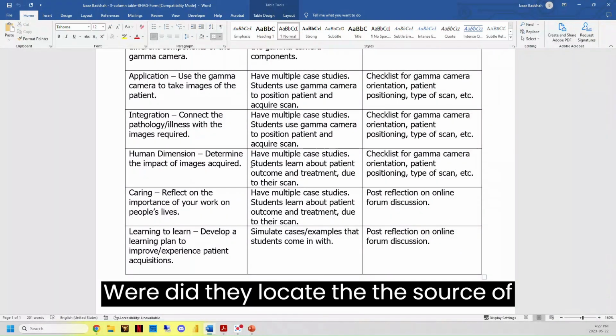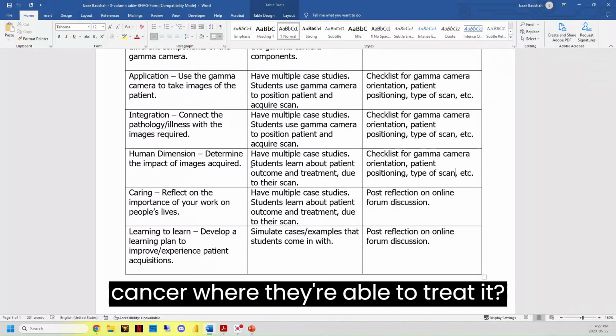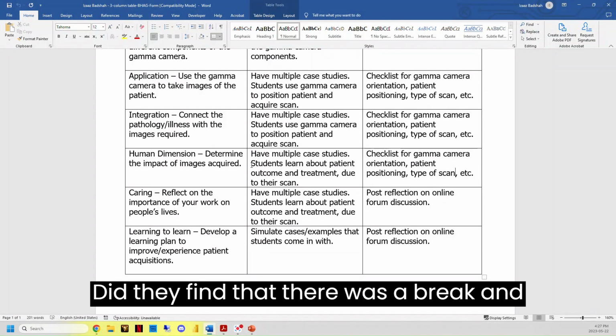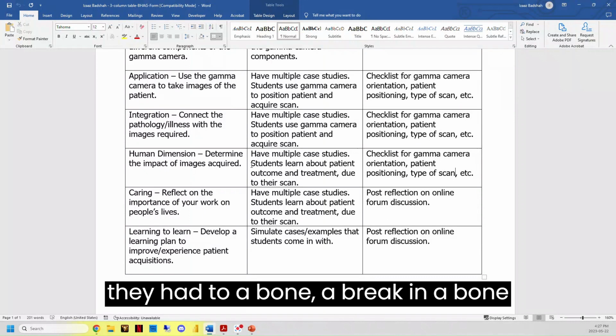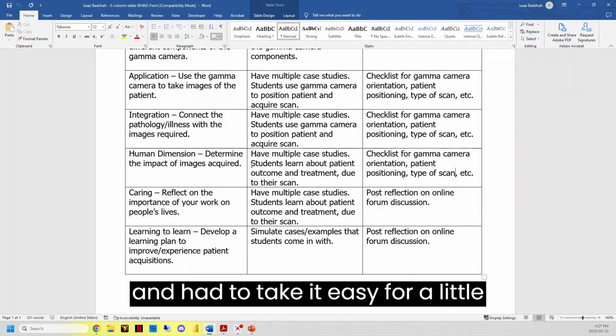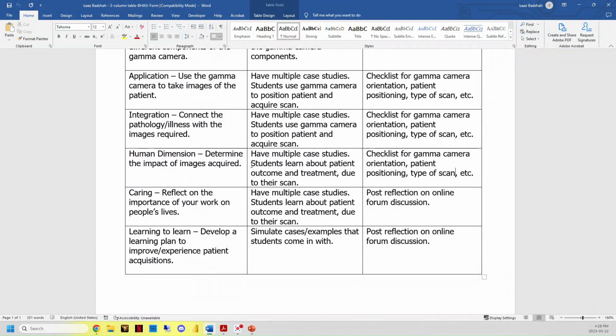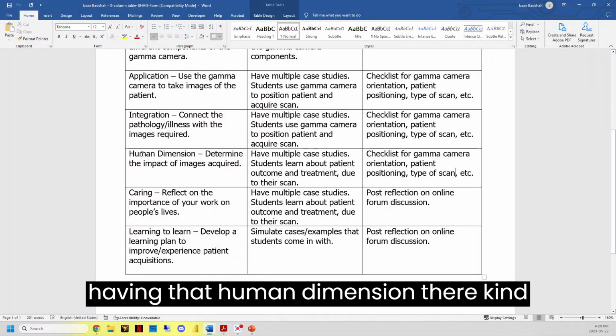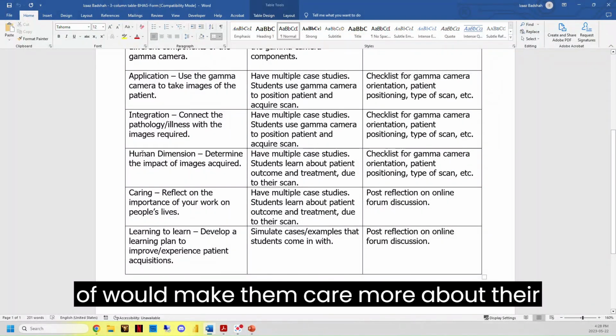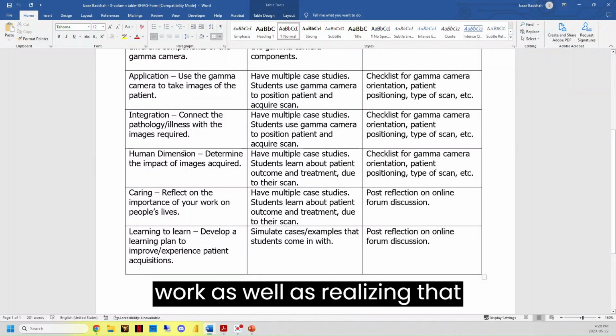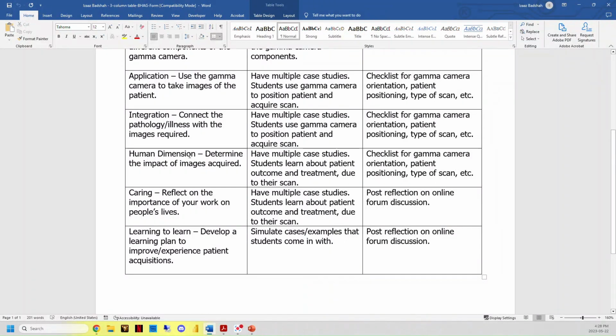Did they locate the source of cancer? Were they able to treat it? Did they find a break in a bone and had to take it easy for a little while? I think having that human dimension would make them care more about their work, as well as realizing that what they're doing is important.